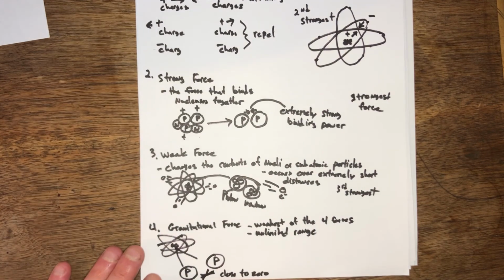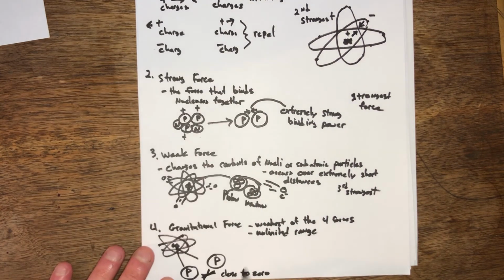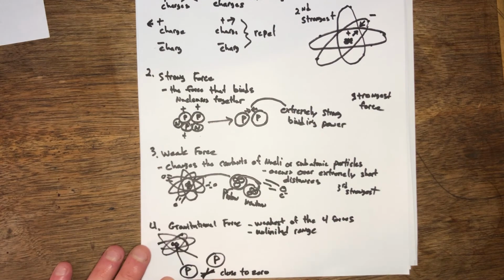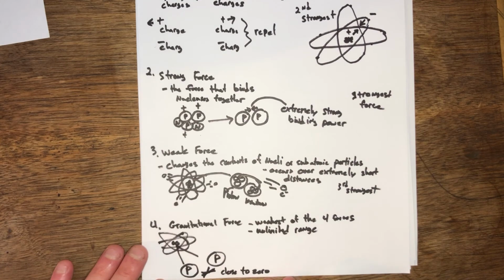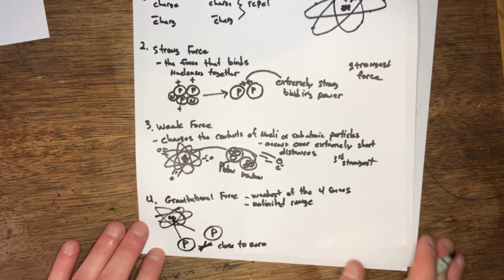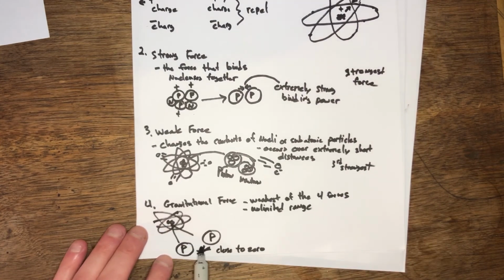There's much more of a repulsive force from the electromagnetic force than there is a gravitational force. It's a ridiculous number, something like 10 trillion times stronger than the gravitational force between two protons.